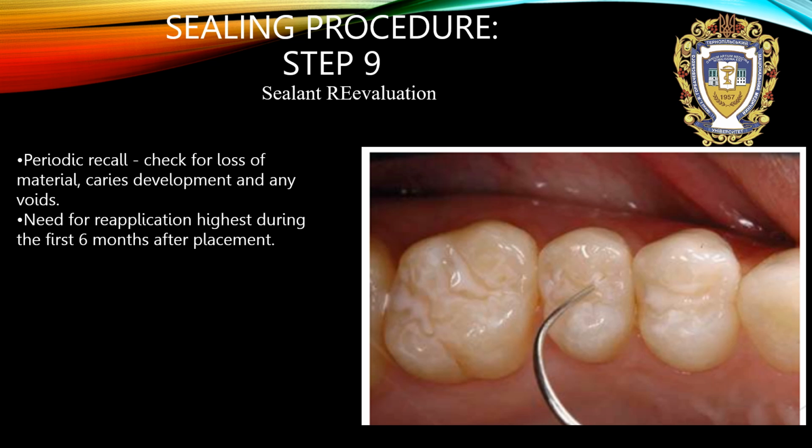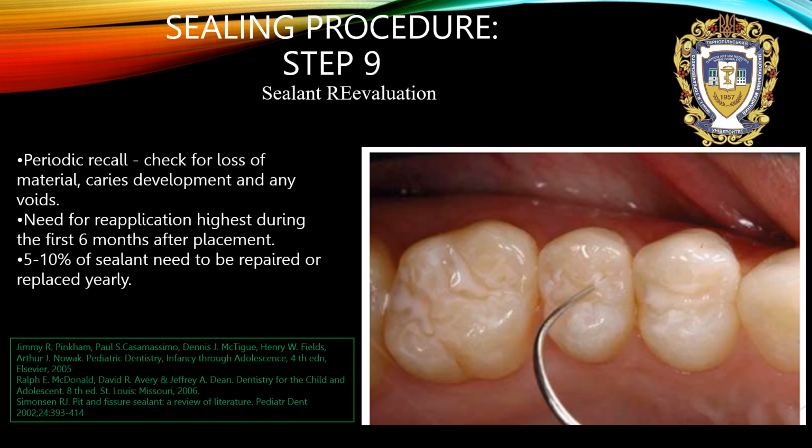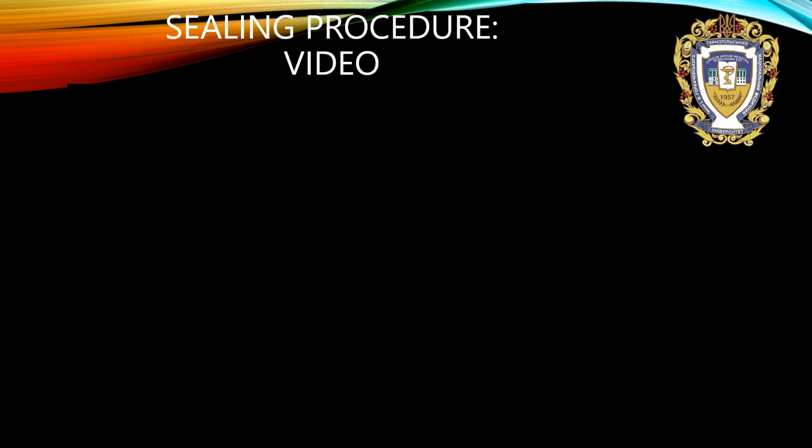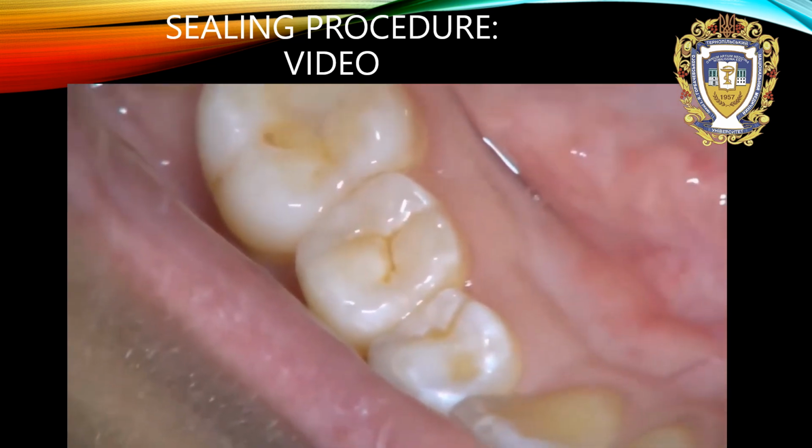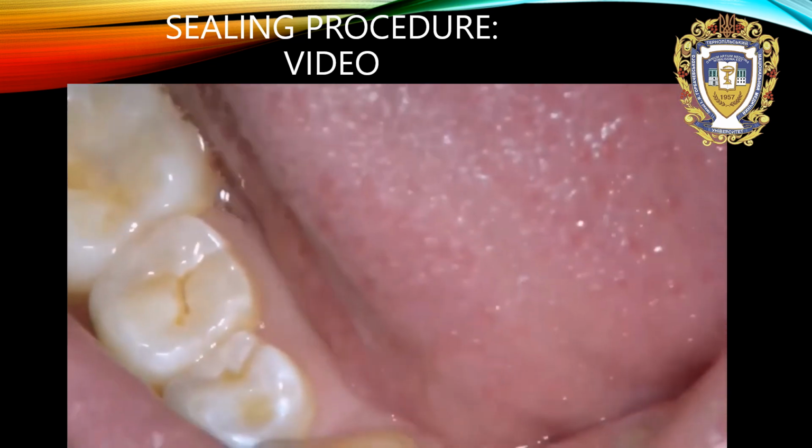The need for reapplication is highest during the first 6 months after placement. And statistically, from 5 to 10% of sealants need to be repaired or replaced yearly. And now a video about the sealing procedure.